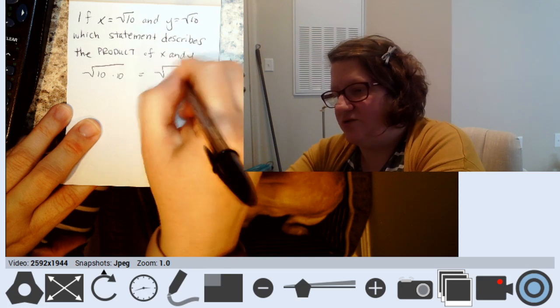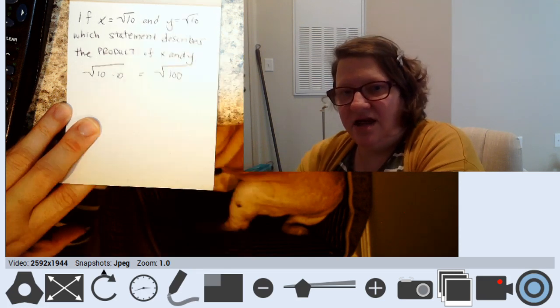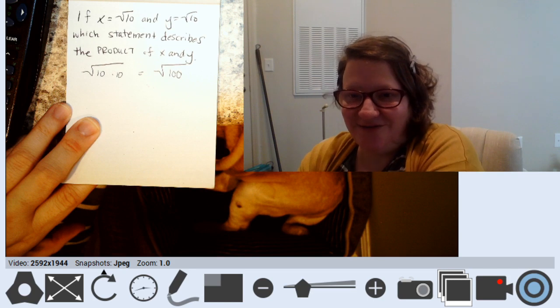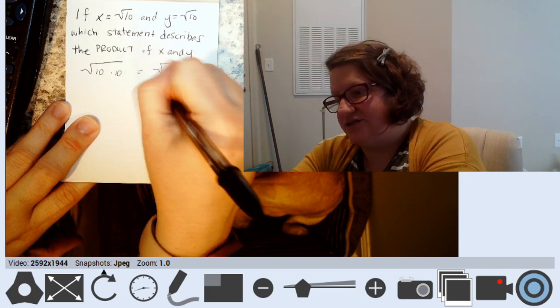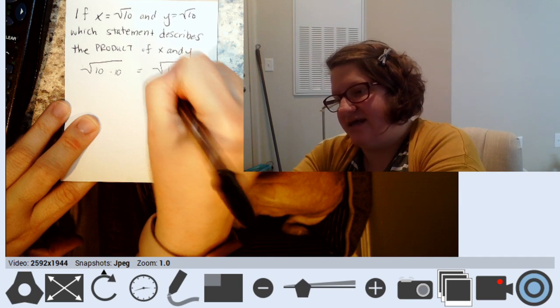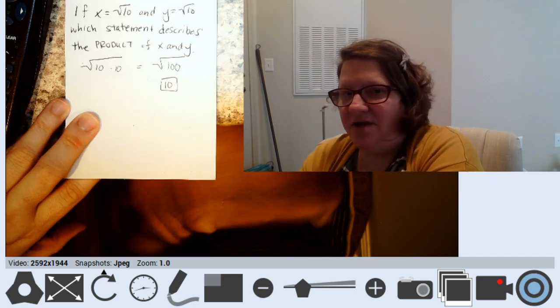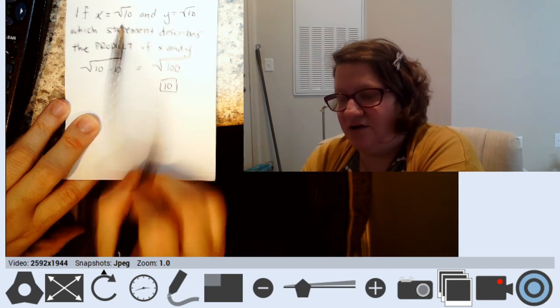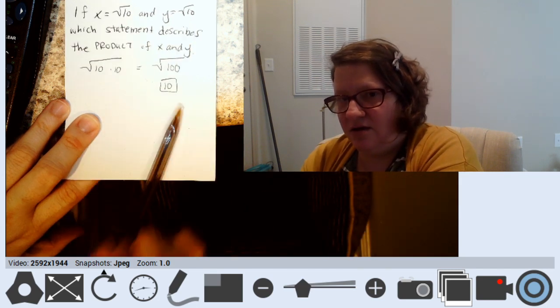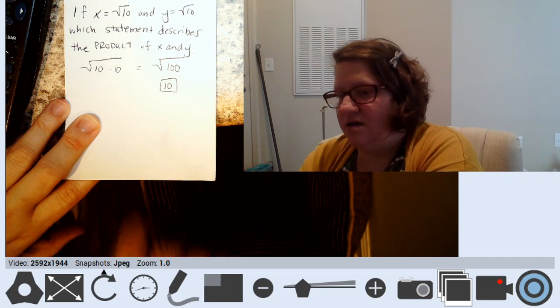That would equal the square root of 100. And of course, 100 is a perfect square. That means it has a square root. And the square root of 100 is 10. So here we have an example of an irrational number times an irrational number being rational.